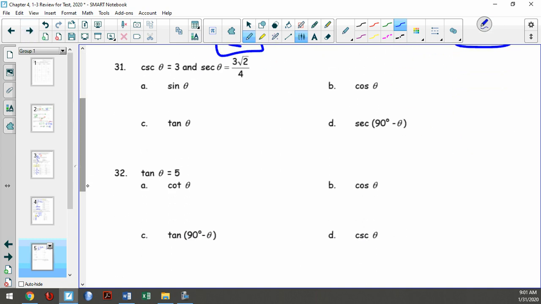Okay, 31. I'm not going to do 32. I will do 31. Now, if I know cosecant, what else do I know? So if cosecant's 3, what's sine? 1/3. Very good. All right. What else?